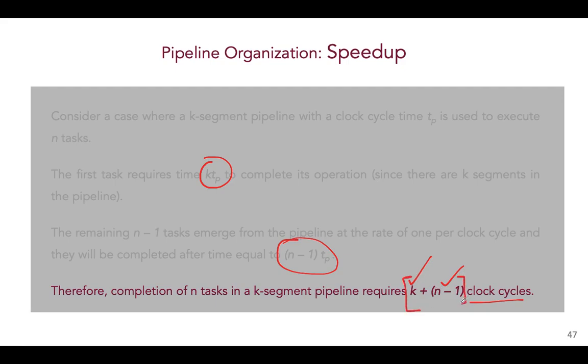If you go back to that question and compute the number of cycles using this formula instead, you would get the same answer, because in that case K was 6 and the number of tasks was 8. So putting all that information here, we get 6 plus 8 minus 1, which is 13.